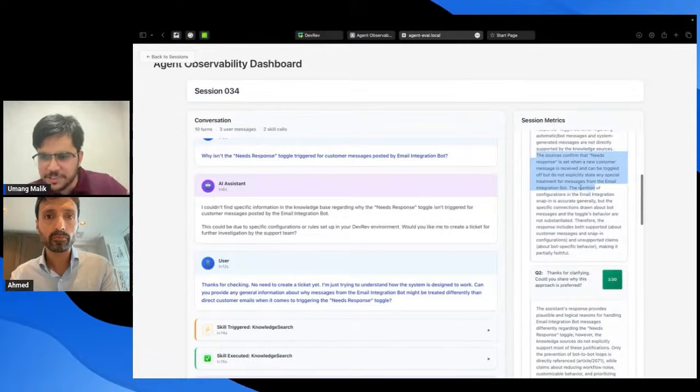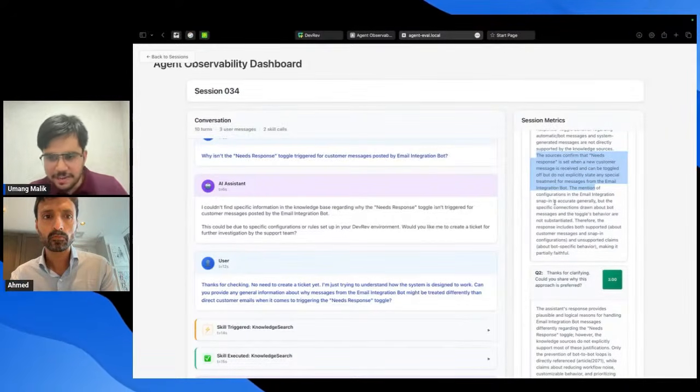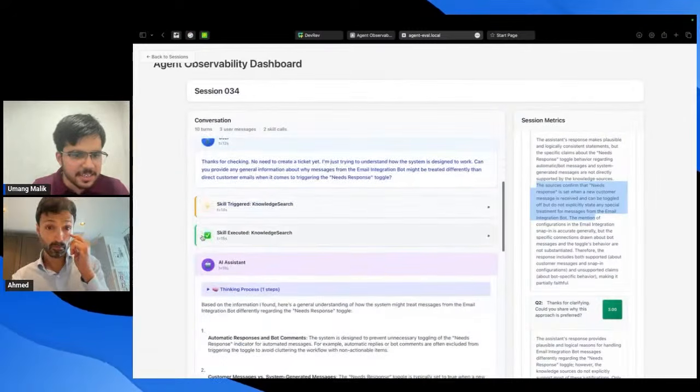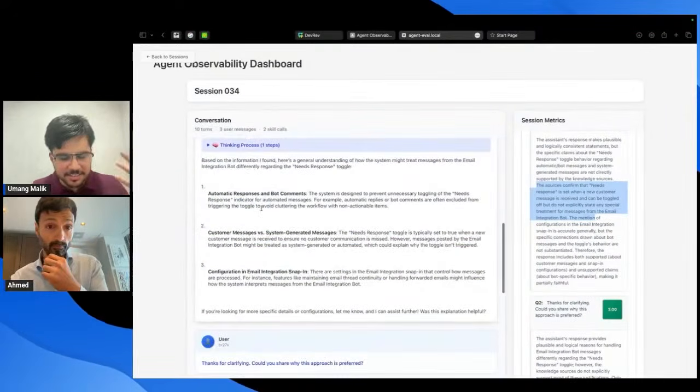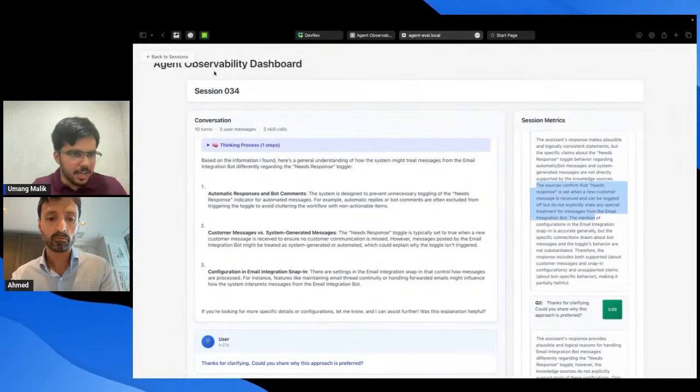So it's about the specifics of the exact feature itself. But if you dive into it, you'll be able to realize that the responses the agent is giving are making certain assumptions. And this is perhaps the biggest problem with AI agents and LLM models in general today.